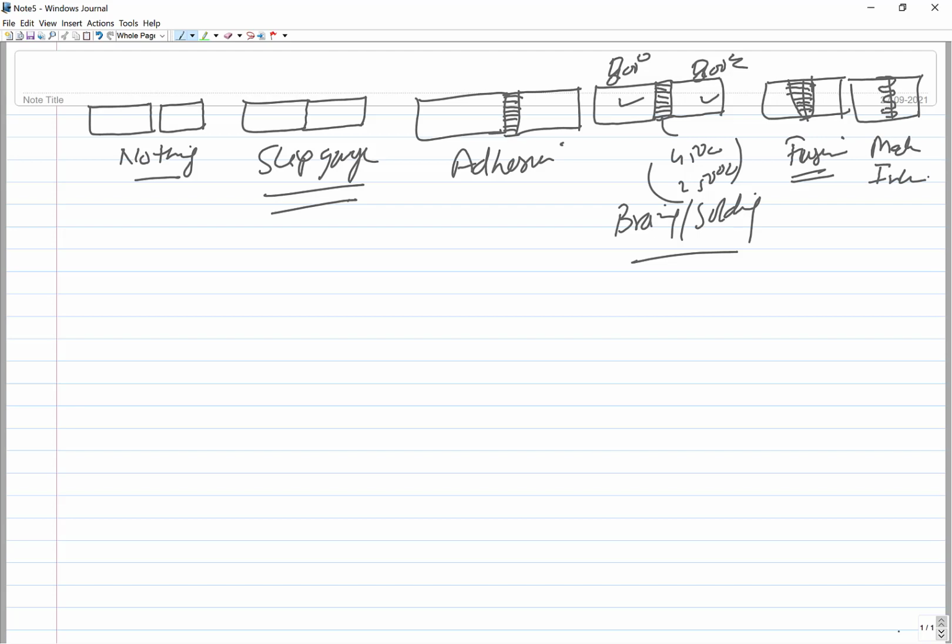Now if you see here, what is interesting, let me give some kind of naming also here. 1, 2, 3, okay, then 4, actually mechanical interlocking 4, where there is no heat application, then 5, and then 6.